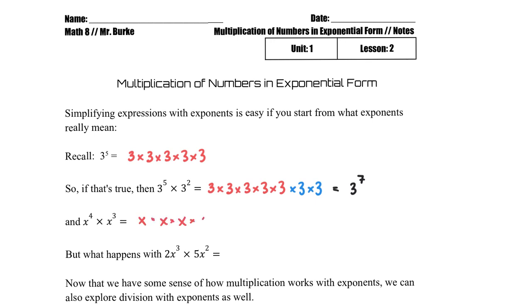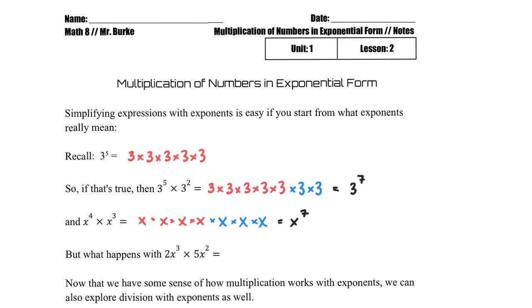It's weird when you write with a multiplication symbol x and also the variable x. And then x to the 3rd is going to be x times x times x. So here I have x to the 4th. Here I have x to the 3rd. If you put those together, you've got x multiplied by itself, in this case, 7 times, which is 4 plus 3.